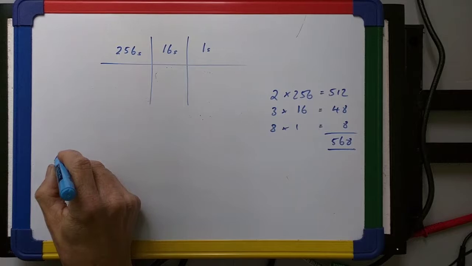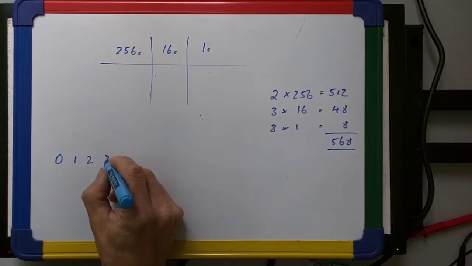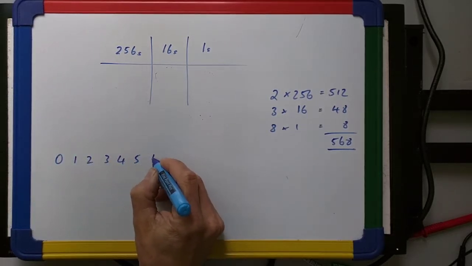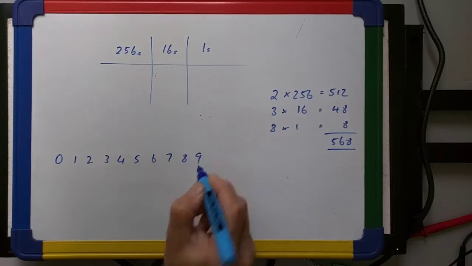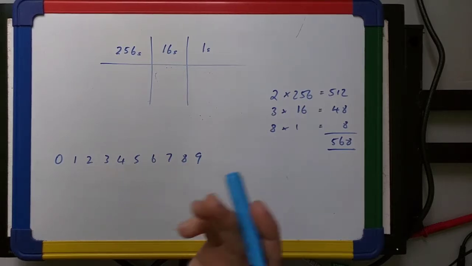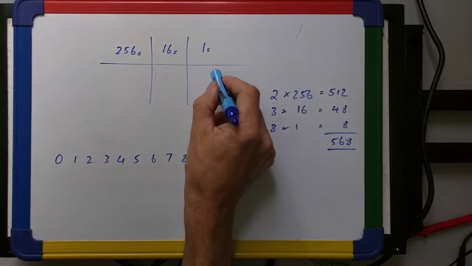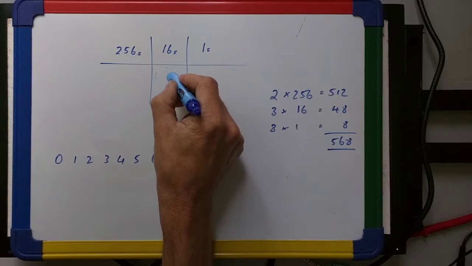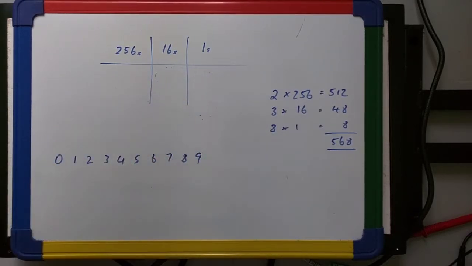Now at the minute we have symbols for 0 through to 9, but we don't have a symbol for the quantity 10. We're now in a situation where we need to be able to record the quantity 10 or 11 or 12 in a single slot here without spreading it over 2.